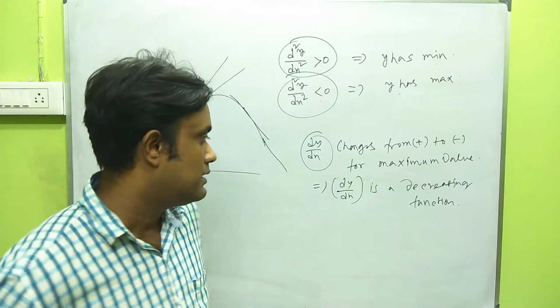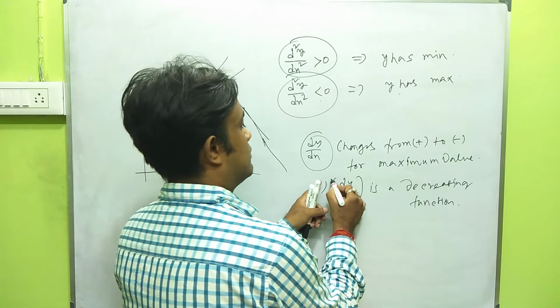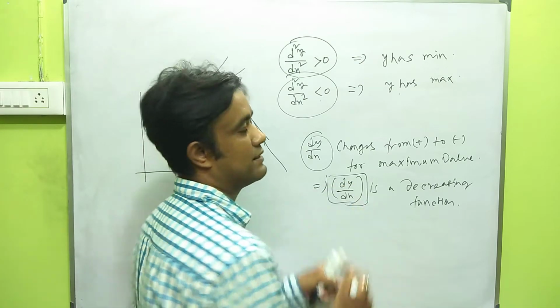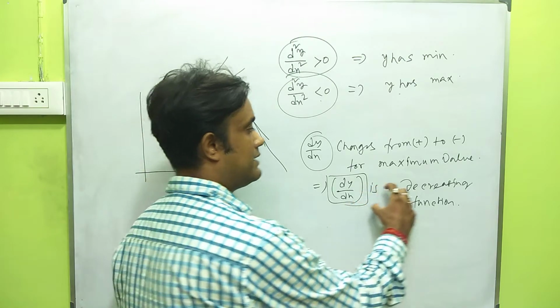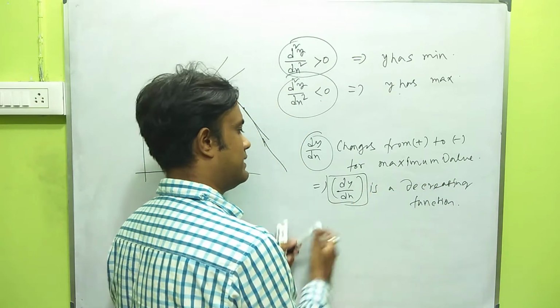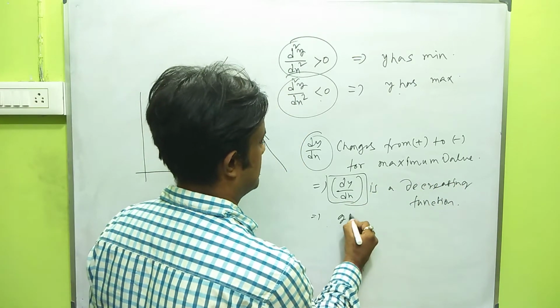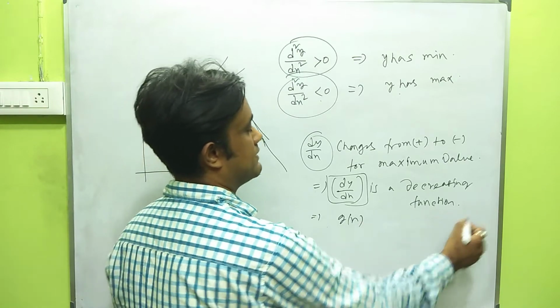So suppose dy dx is a function and this is a decreasing function. Suppose dy dx is equal to some g of x. g of x is a decreasing function.